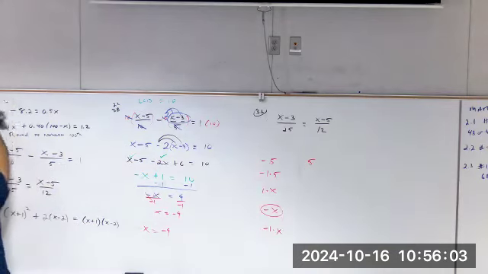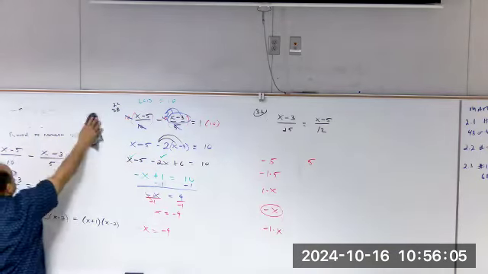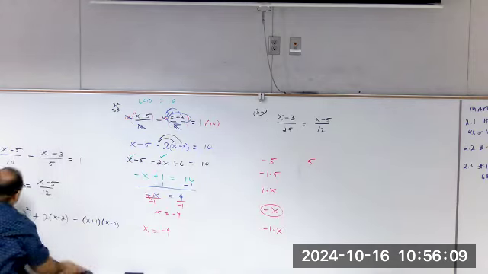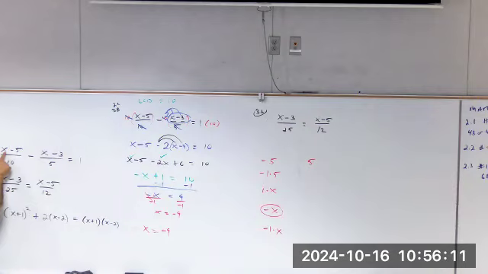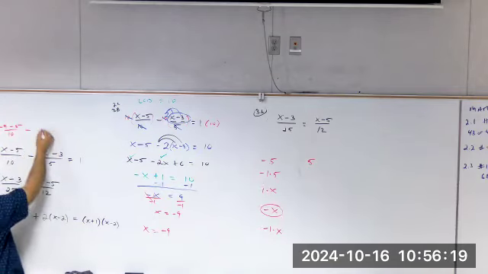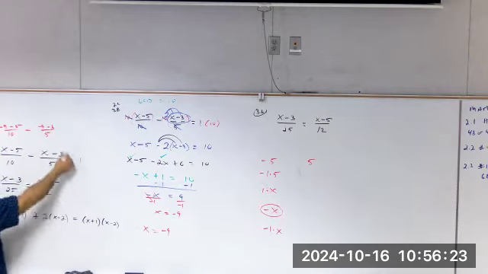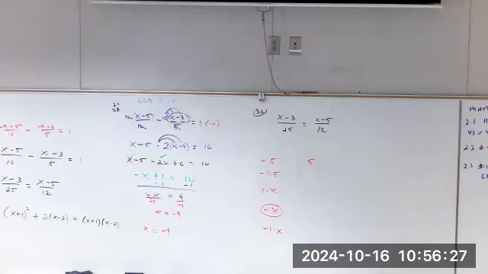So in the original question, I'm going to plug in negative 9. So if I plug in negative 9 minus 5 all over 10 minus negative 9 minus 3 all over 5 is supposed to equal 1. What's negative 9 minus 5?